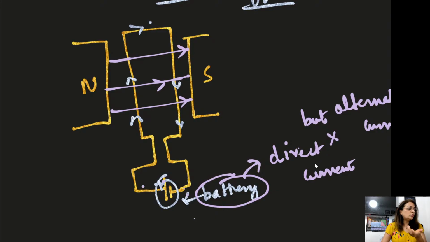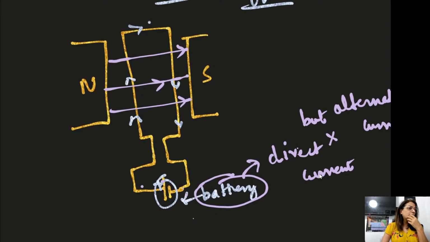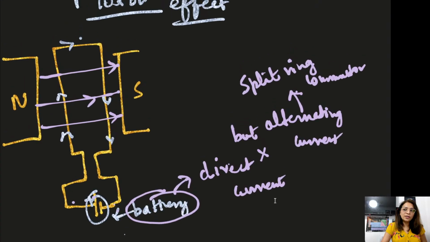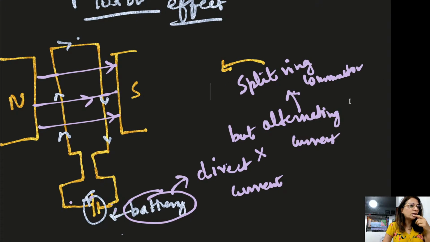Starting with S, P. Very good. Split ring commutator. Alternating current is achieved by split ring commutator. This is one marking point where they ask you what a split ring commutator does, and you just have to say this statement. Who can type in the chat, what does a split ring commutator do?